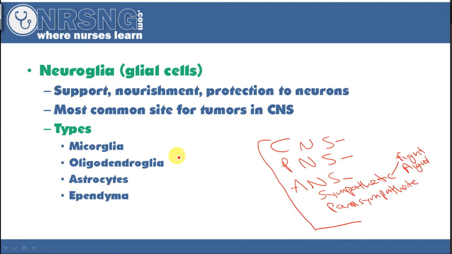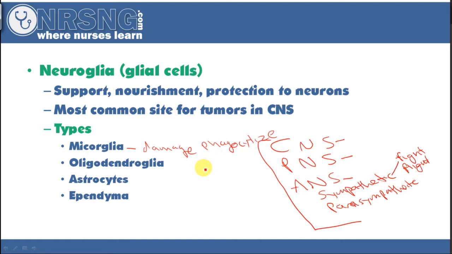So we'll say they help with damage. And what they do is they go and they phagocytize. How do you spell phagocytize? C-Y-T-I-Z-E. So they go to the site of the damage, they phagocytize the debris, and that plays a role, obviously, in protection of the cells.